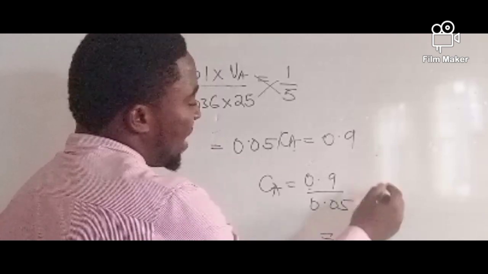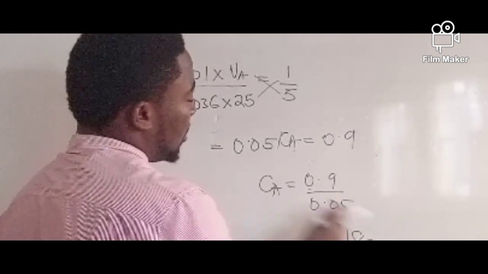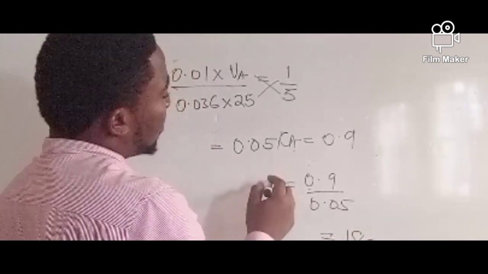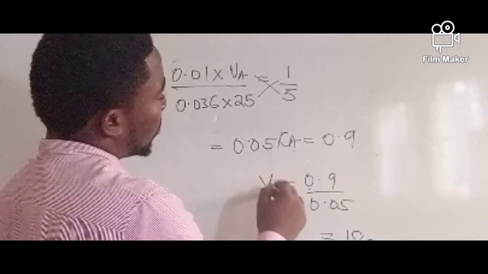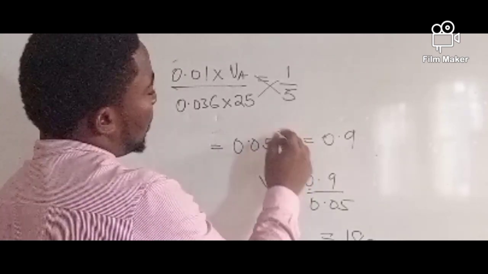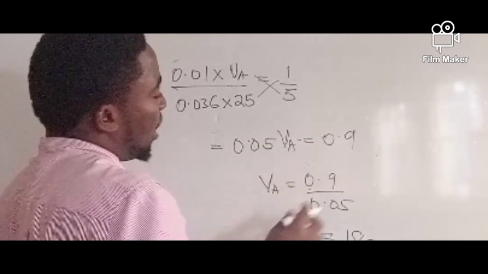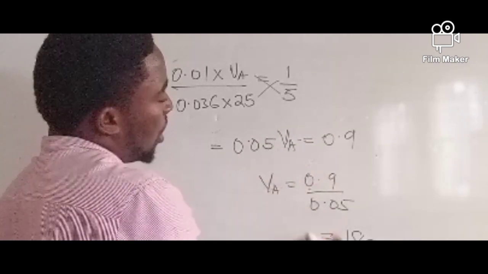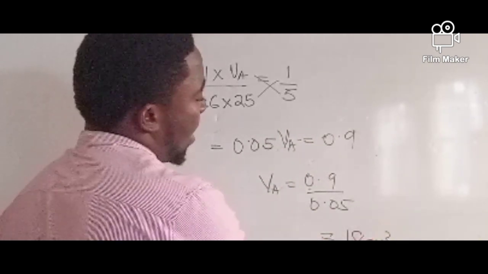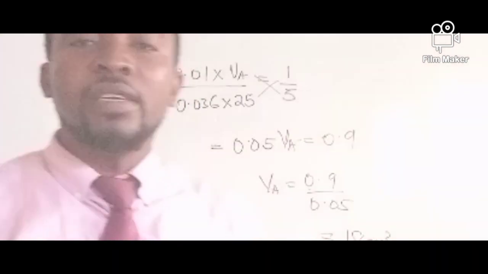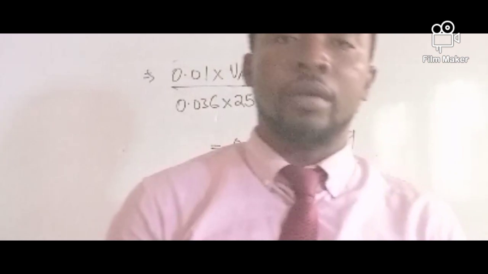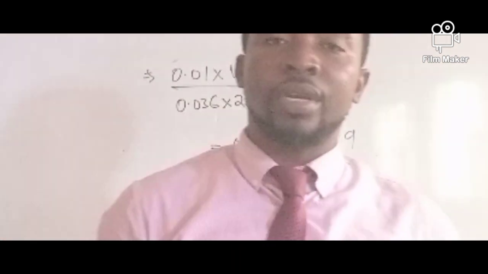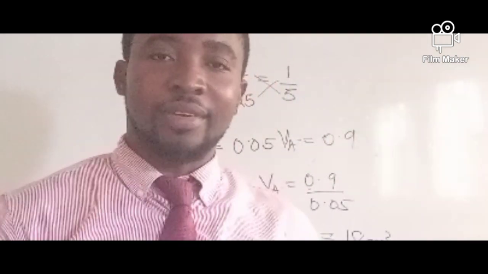And that will give you 18. So my Va will be equal to 18 cm cubed. So this is the expected or the ideal endpoint for this year's chemistry redox titration.